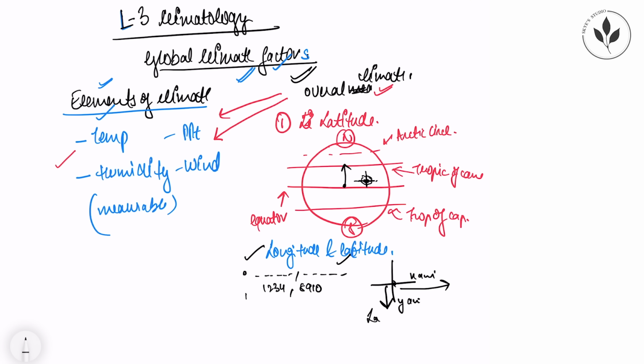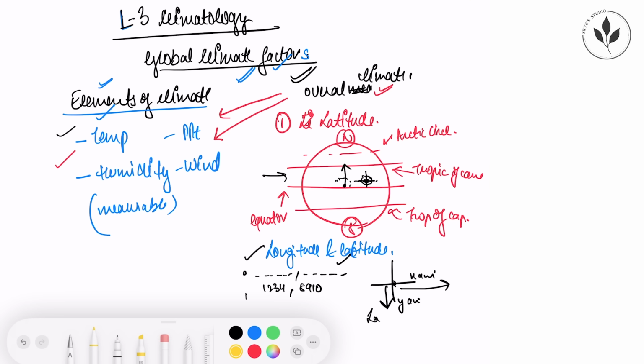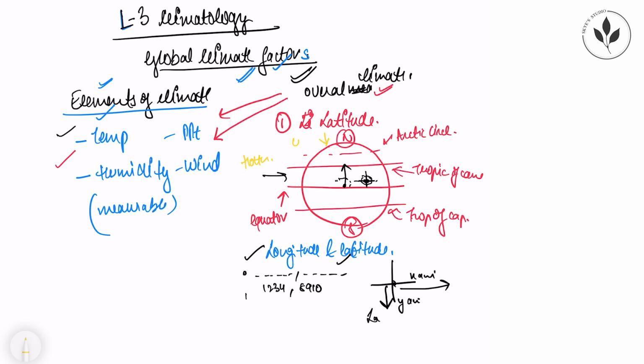So, what's the influence of the latitude on the elements of climate? The regions which are near your equator will be hotter or warmer, and the regions which are away from your equator will be colder.